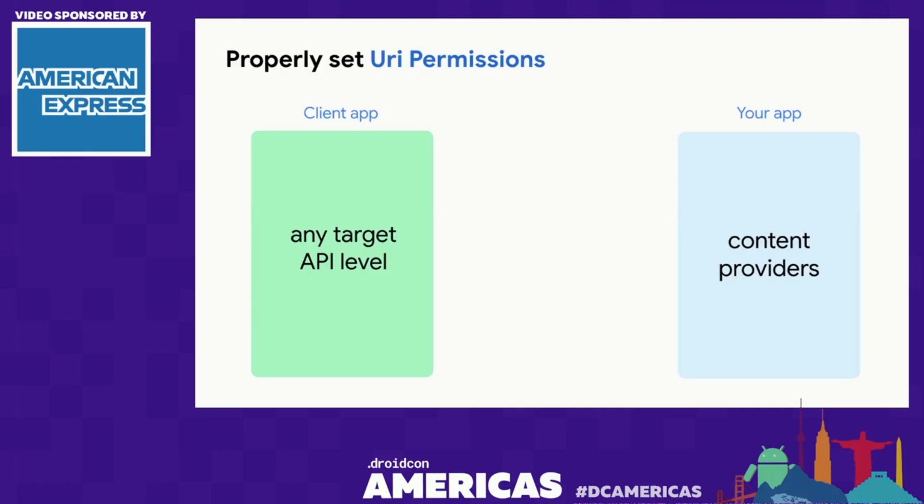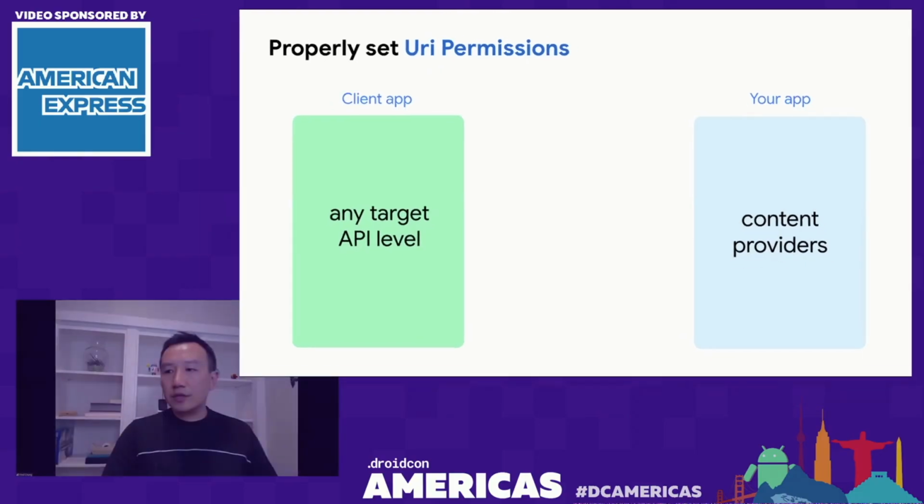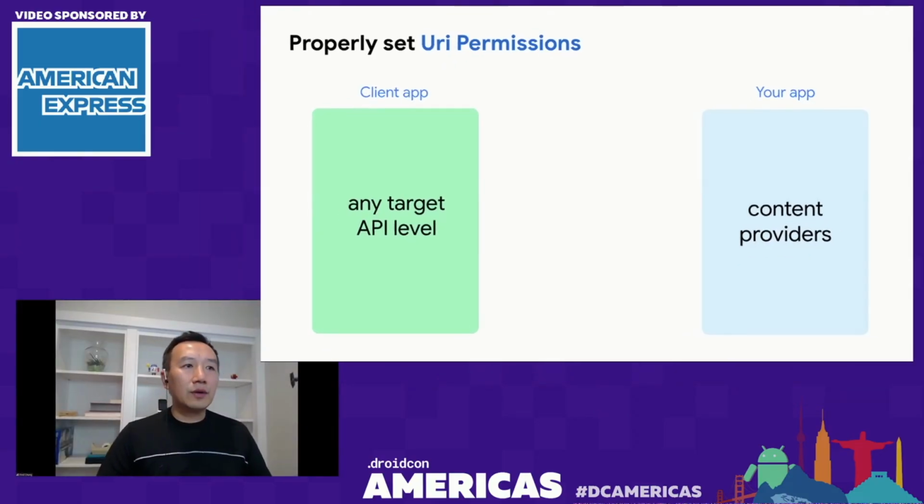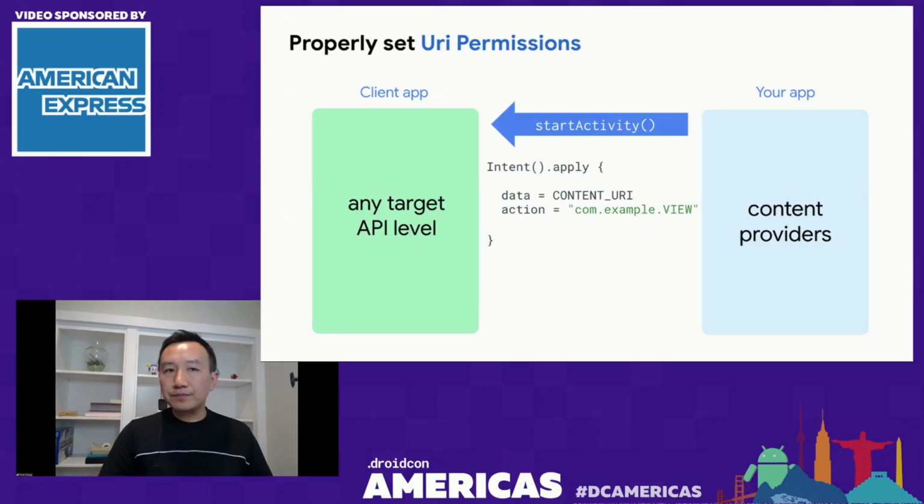So with package visibility, I wanted to talk through one specific scenario. If your app is on the right-hand side, let's say you have some application logic to share content providers, and these content providers can belong to your own app, or could be based on some other providers, for example, the contacts database. And on the left, there's a client app that you would like to share those content providers with.